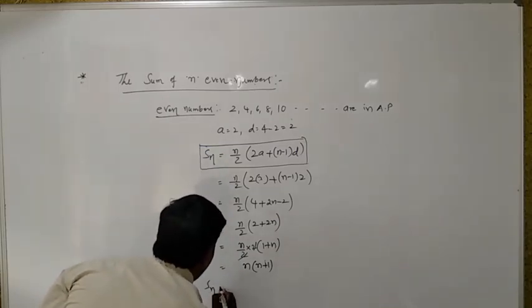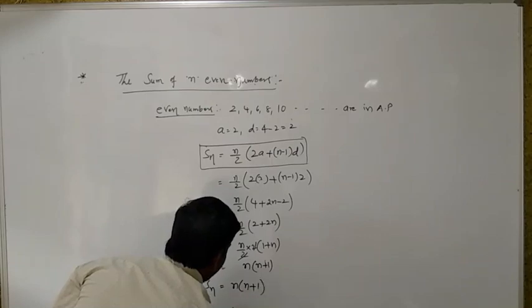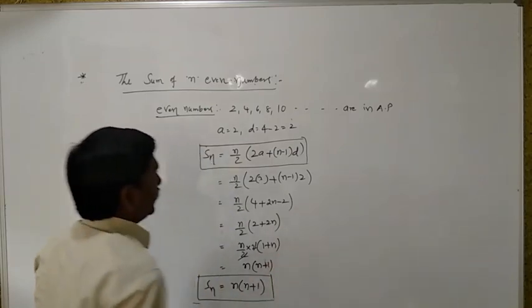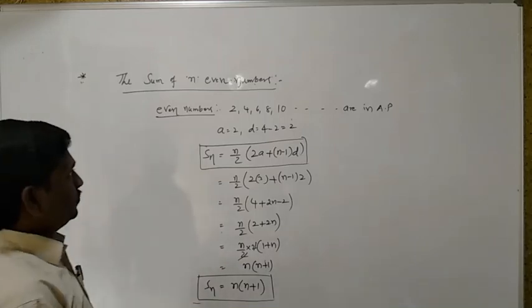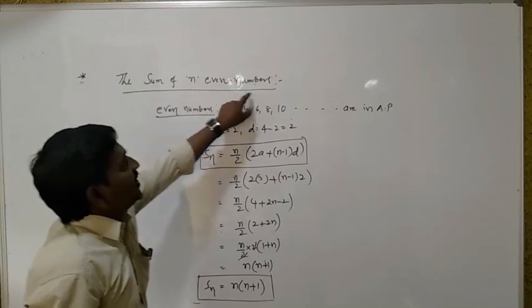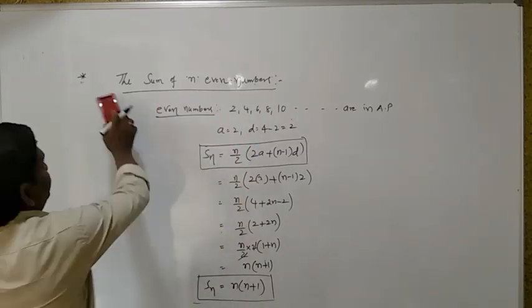So the sum of n even numbers Sn equal to n into n plus 1.